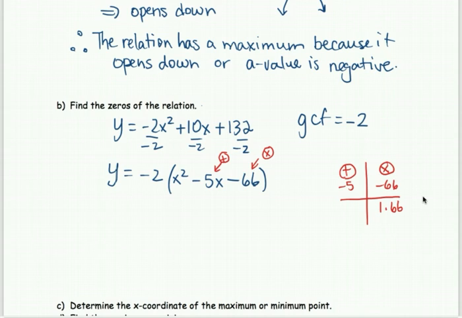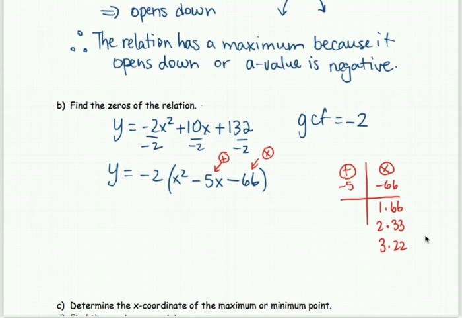What about 2? 66 can be divided by 2, so 2 and 33 can make 66, but not 5. Let's try divided by 3. 3 times 22, no. 66 divided by 4, nope. 66 divided by 5, nope.